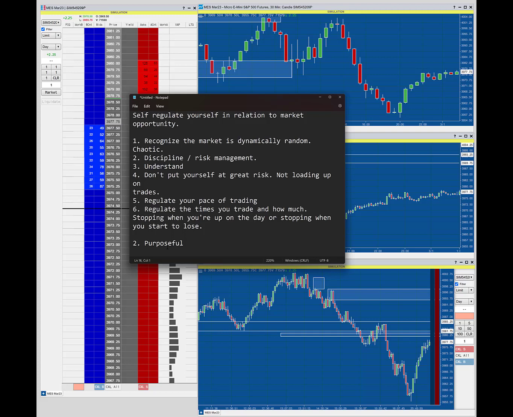But whatever risk it is, whether it's thousands of dollars or $100 or $50, we need to accept that, and be purposeful. You don't have to trade big size to trade in a professional way, right?